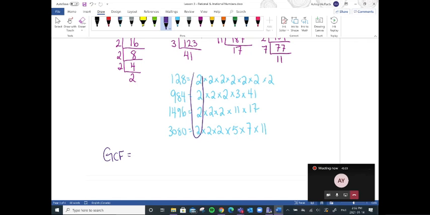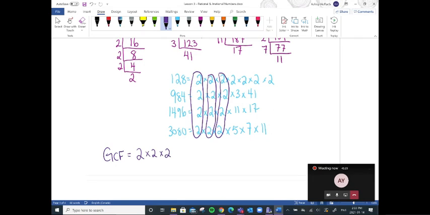So that's one of my numbers that's going to make up the GCF. Each list also has a second 2. So that second 2 makes up the list. Each number also has a third 2.